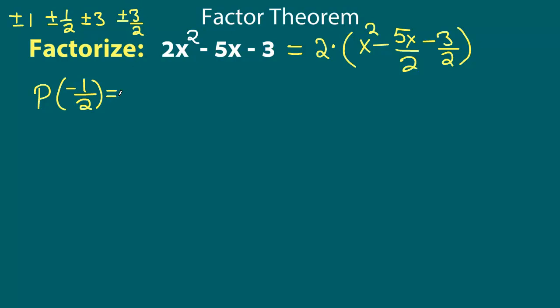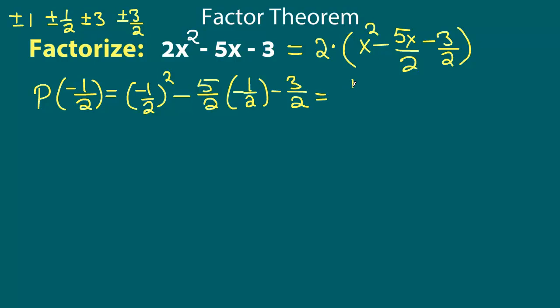So for polynomial at minus 1 by 2, if you put the values over here, let's see what we get. So minus 1 by 2 squared minus 5 by 2 times minus 1 by 2, and then we have minus 3 by 2.